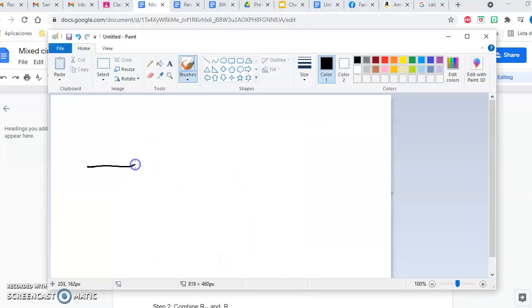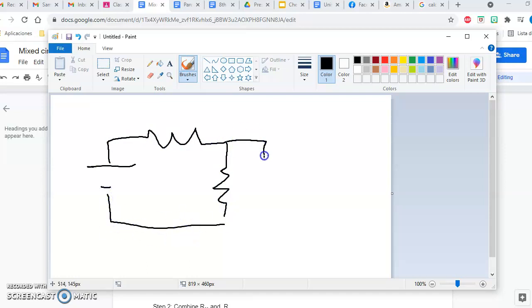So we want a nice, easy parallel circuit. So this will be our R23, this will be our R1, and this will be RC. I don't know why they called it RC, but they did.